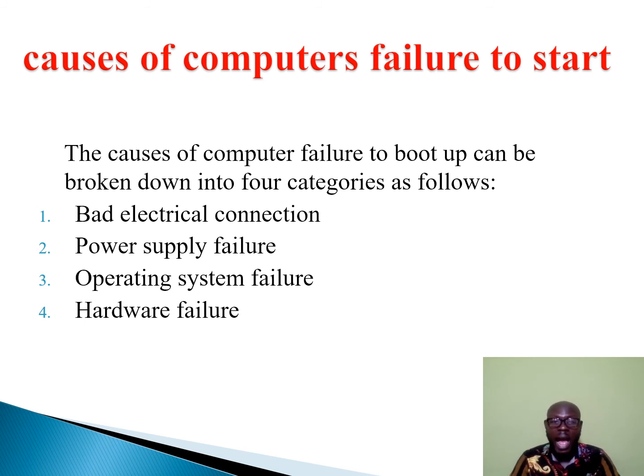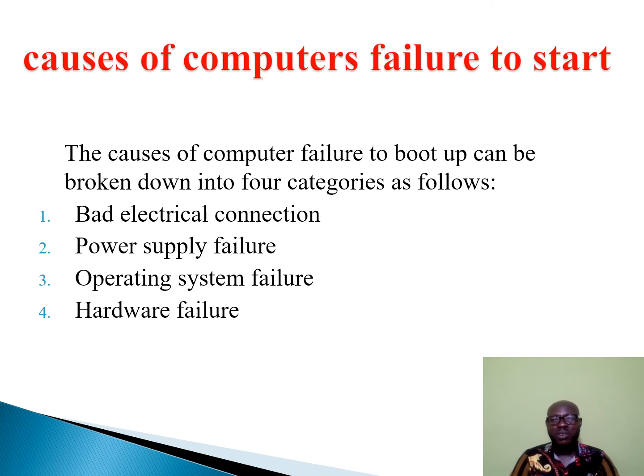The monitor is a hardware part of the computer. The system unit is also another part of the hardware. Then we have the keyboard, we have the mouse. All these are the physical components of the computer system. So when there is a hardware failure, the machine fails to start.